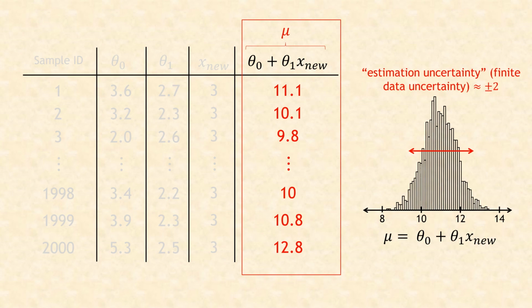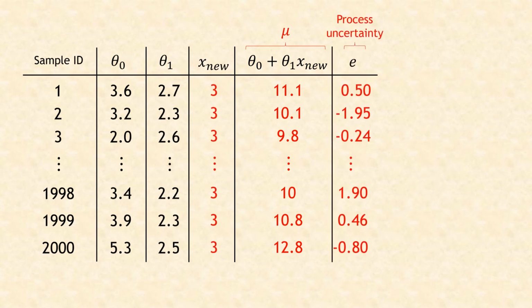The estimation uncertainty arises because the parameters and any deterministic equation thereof are being estimated using a finite sample of data. To finish off the prediction, we need to include the process uncertainty on top of the estimation uncertainty. The process uncertainty is the uncertainty that occurs even with fully deterministic parameters. Again, this is relatively straightforward. We add another column with the process uncertainty E, which is simply Gaussian random numbers with a standard deviation of 2.